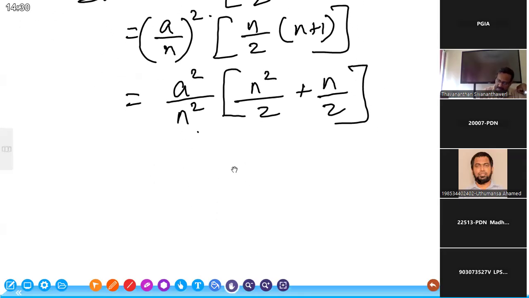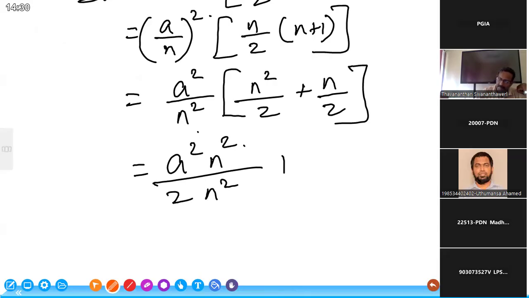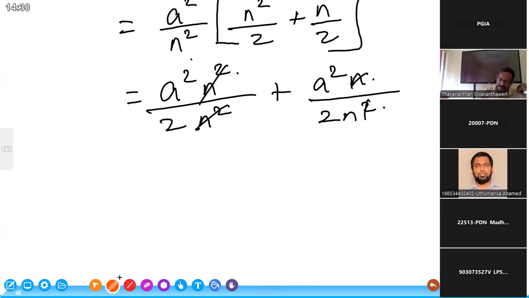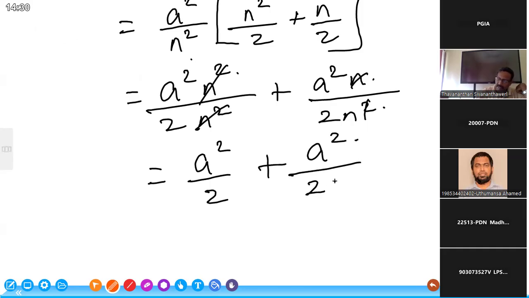To expand further, you could say a square n square divided by 2n square plus a square n divided by 2n square, right? So here n square cancel off. Here 1 n cancel off. You could write it as a square by 2 plus a square by 2n.